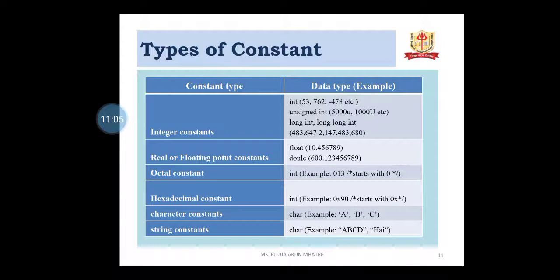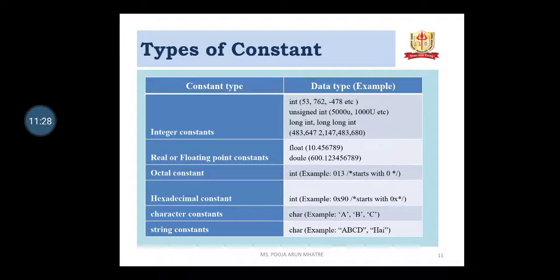Third one is the octal constant. Octal constant, for example, integer example is 013. It starts with a 0. Octal constant starts with 0.